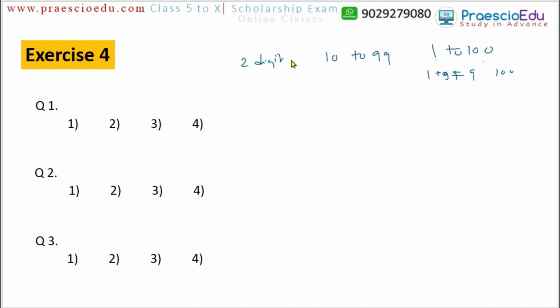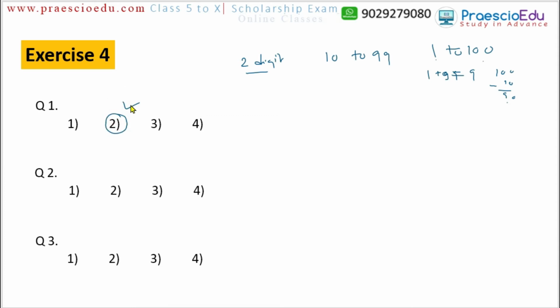So 100 minus 10 gives 90. There are 90 two digit numbers, and these 90 include both even and odd. But in our question, only the odd numbers, means half of this. Half of 90 is 45. So 45, option number 2, is the correct one.